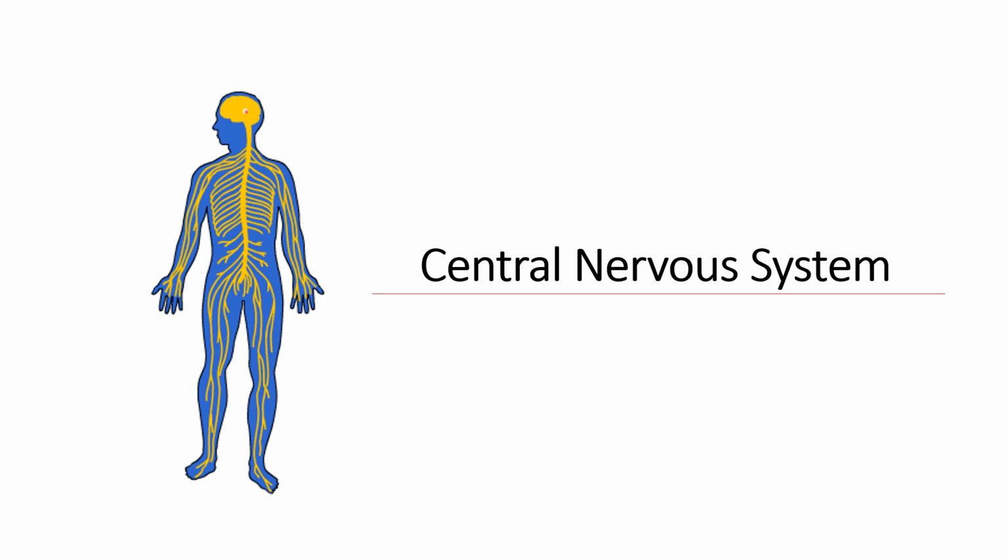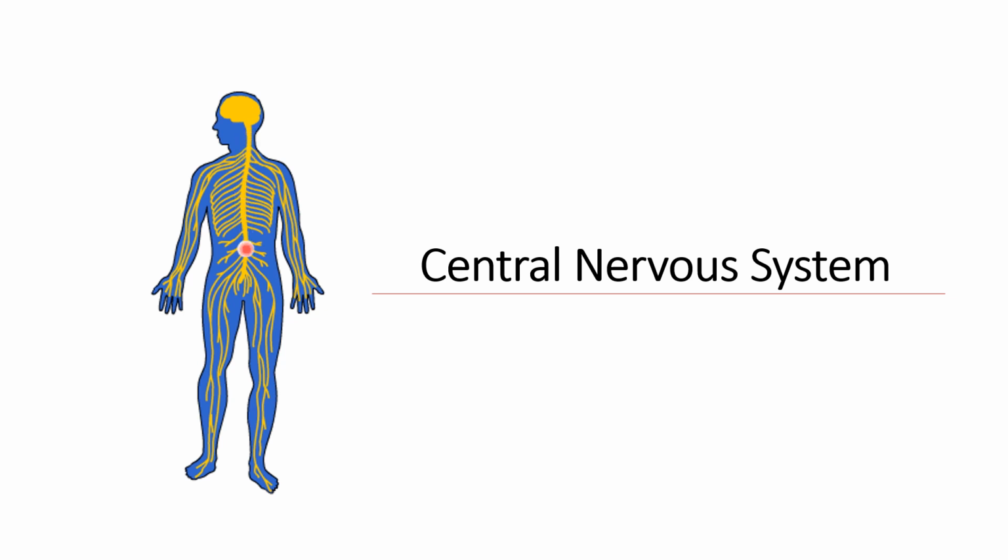The nervous system is the main communication network in the body. It is guided by the central nervous system, or the CNS. The CNS is responsible for integrating sensory information and responding accordingly. It consists of two main components, the brain and the spinal cord. The brain is responsible for integrating most sensory information and coordinating body function, both consciously and unconsciously.